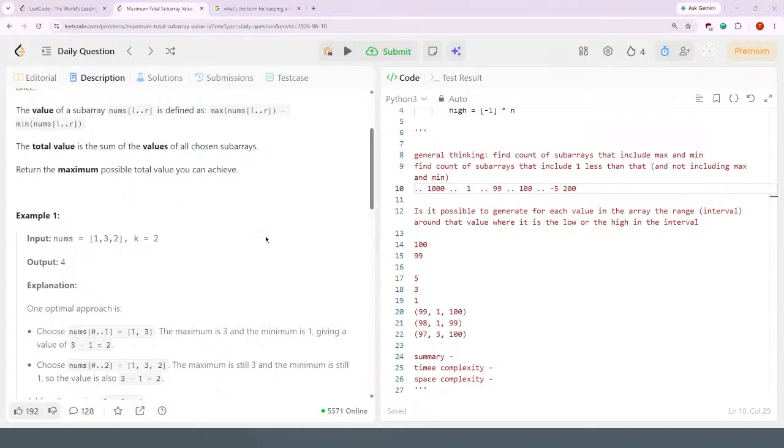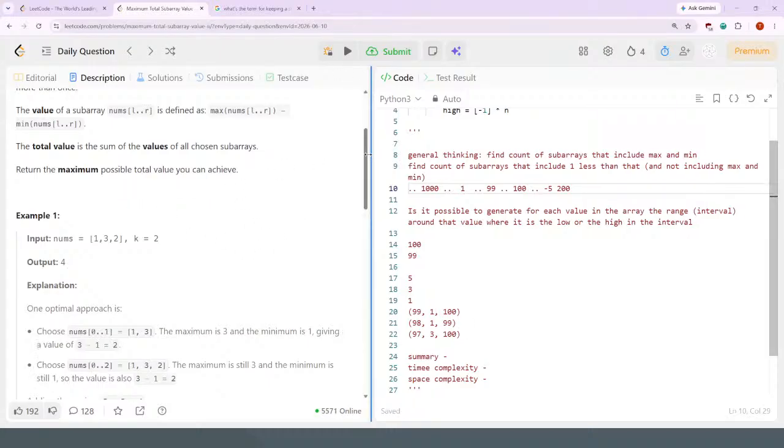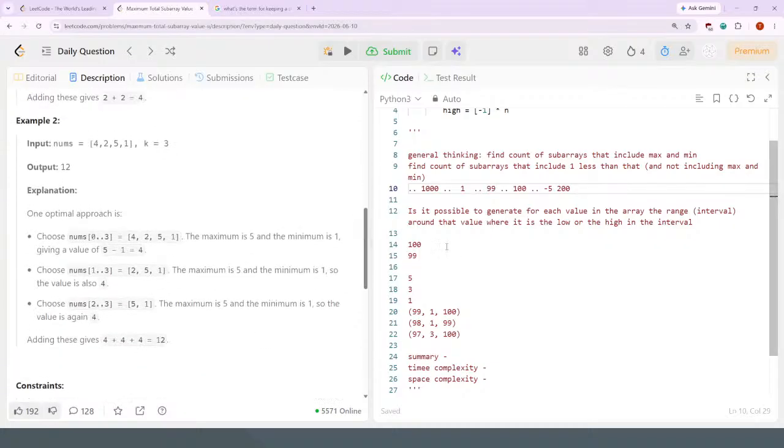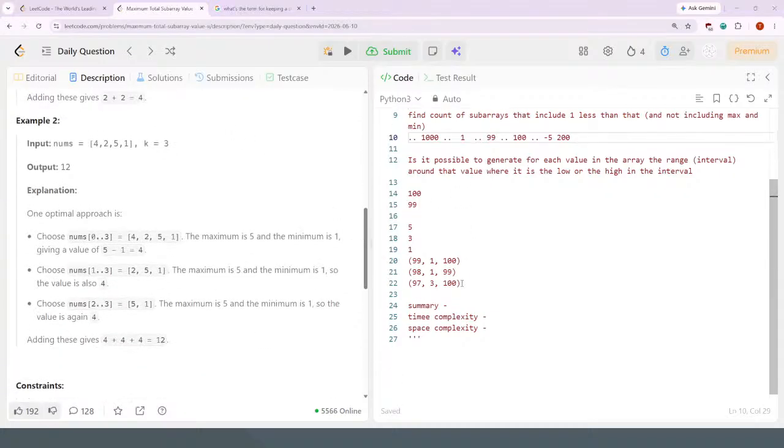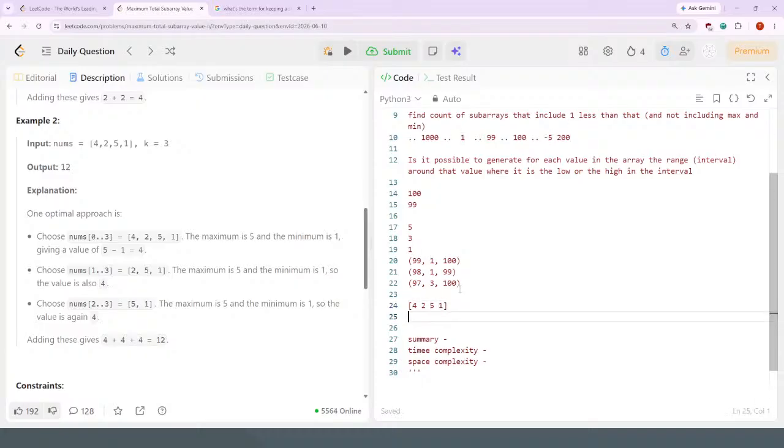Okay, let's do a small example. So 4, 2, 5, 1. The high interval for 4 is going to be from index 0 to index, let's say inclusive, 1. 2 is going to be from index 1 to 1. 5 is going to be from index 0 to 3.